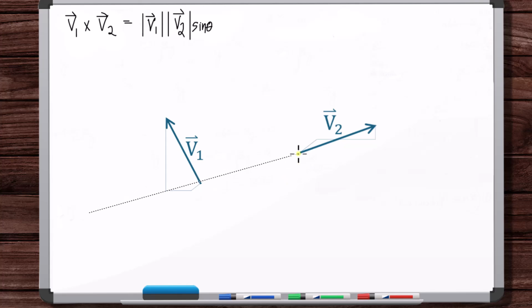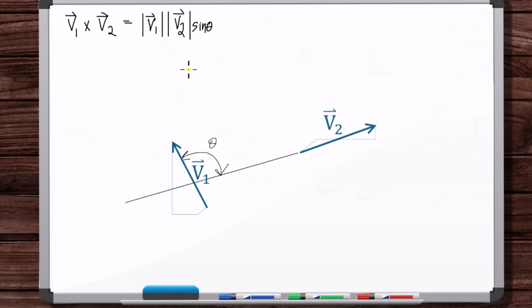So you extend the lines of action. This actually happens to extend right to the tail of V1. Let me try and make this more general. Okay, there is theta.